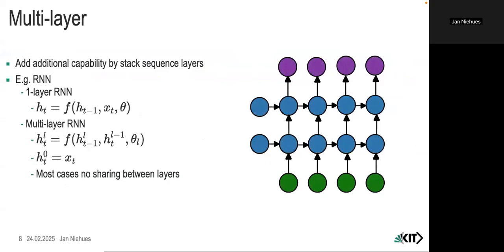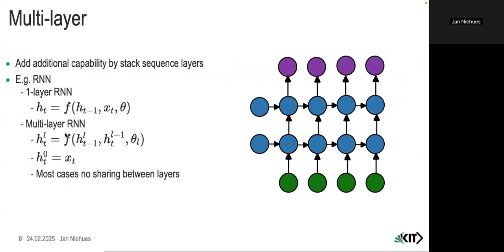You add additional capacity in the same way as we had for feed-forward neural networks, by just having, for example, a multi-layer RNN or any other. And the only difference is normally here you have h_t depends on your previous hidden state and on your input and your parameters, and that's how you calculate your new hidden state.